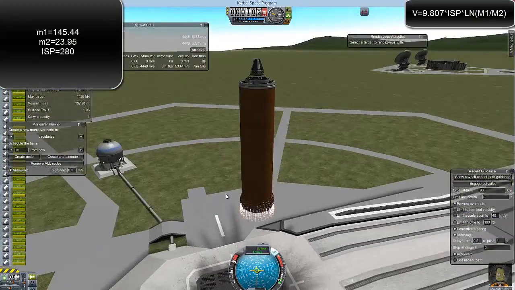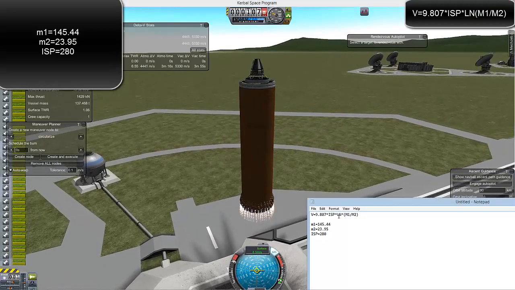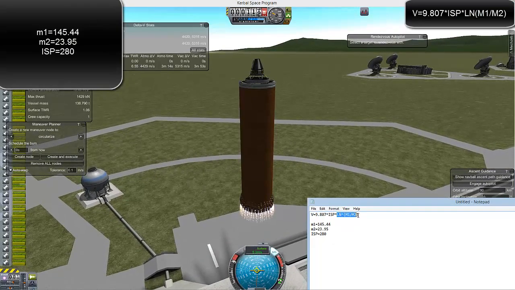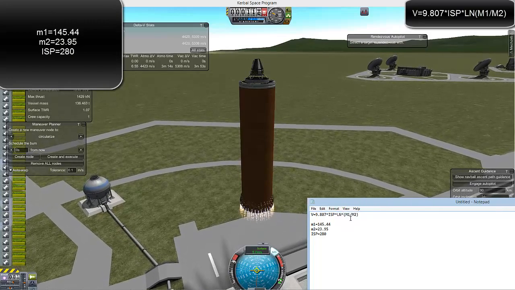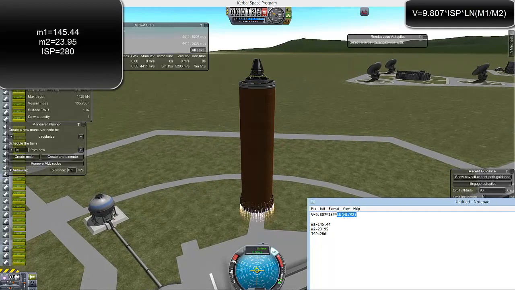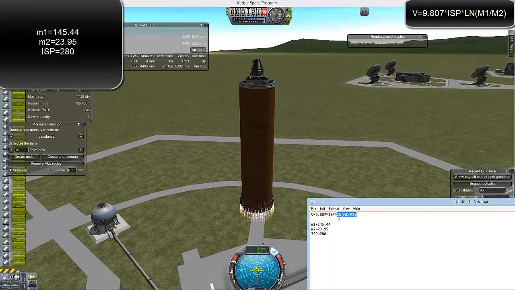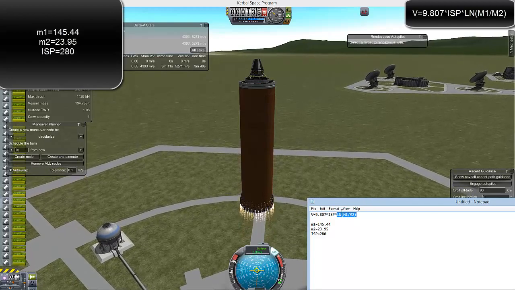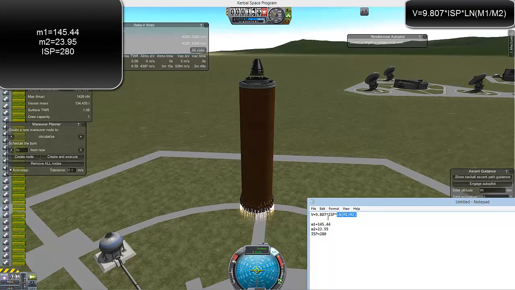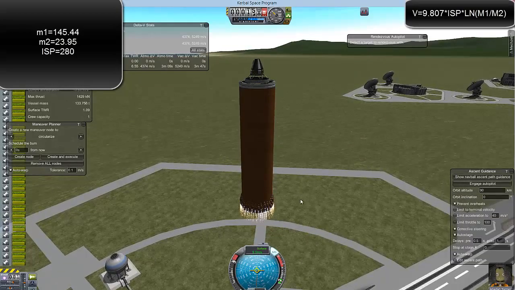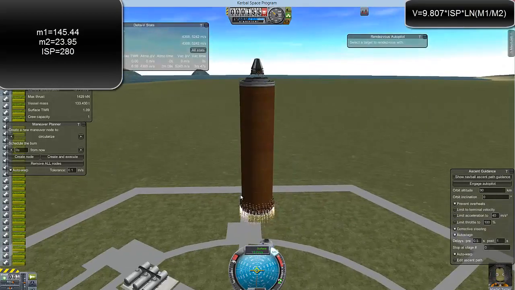Again, I'm going to leave a copy and paste of this formula below. Just remember, do ln first. In fact, I can just take out that, but do m1 divided by m2 first, and then do ln. Otherwise this number is going to turn out completely different and much higher, and you most likely will get messed up. So it's important to note that.